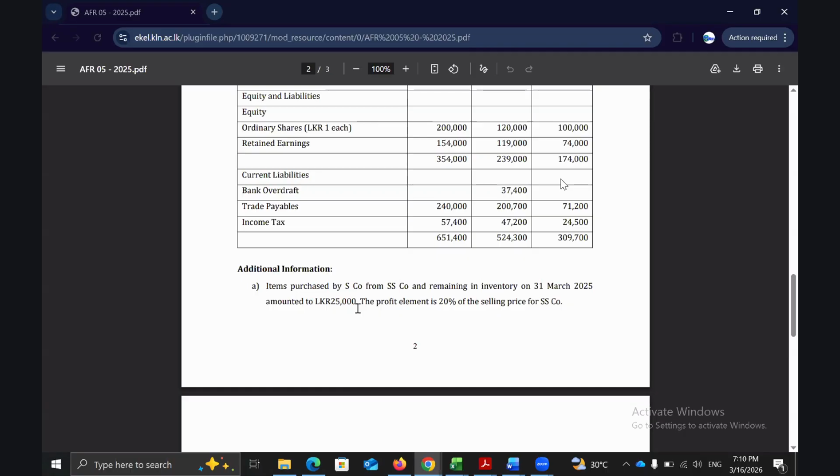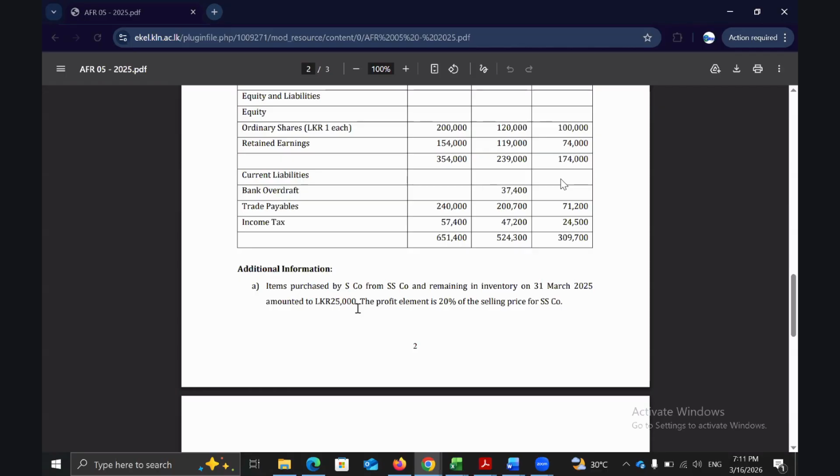Is it clear? SS has made the sale, and this particular inventory is kept in the books of S. The profit element is 20% of the selling price for SS company. Then which company has the unrealized profit or provision for unrealized profit?